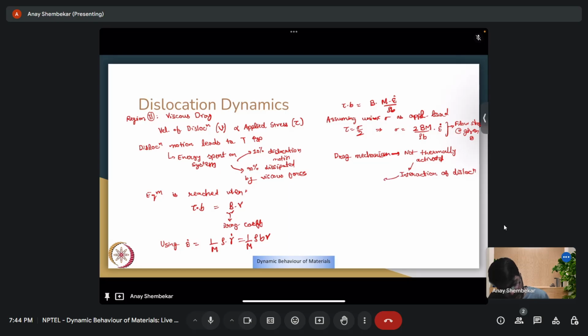First one being with thermal vibrations, so this is basically your phonon drag, and the other one is with electrons. This is your electron drag.